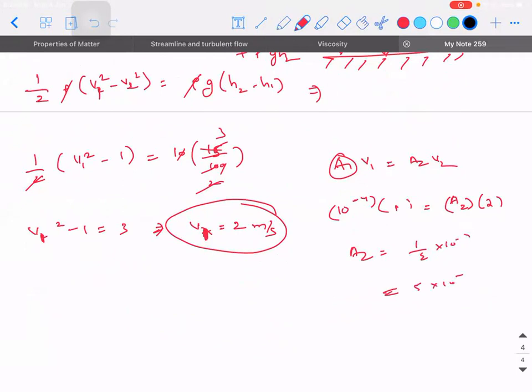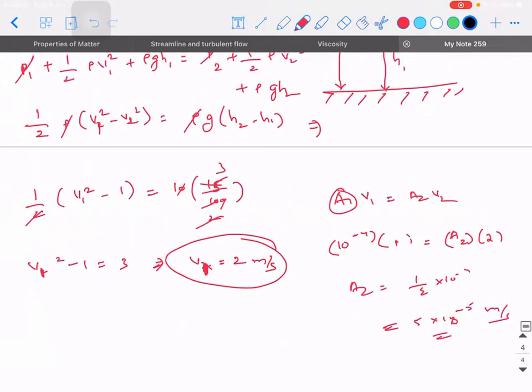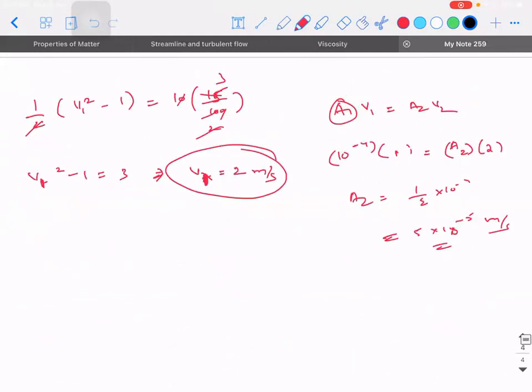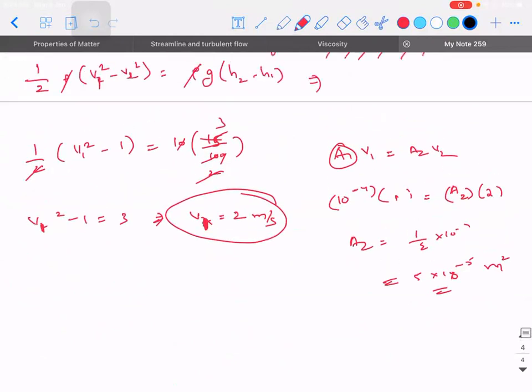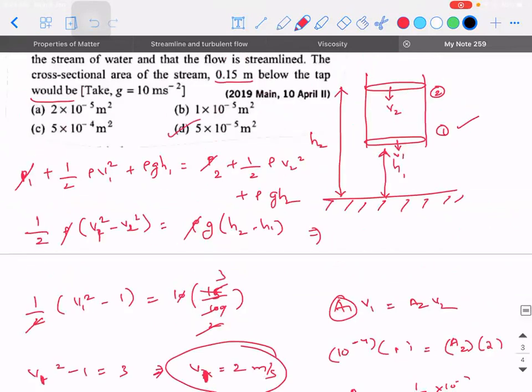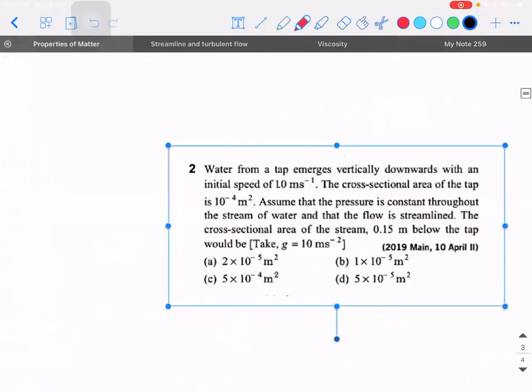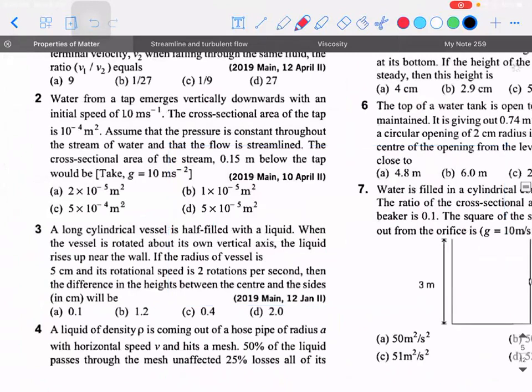That will be 5 into 10 power minus 5, meter square, not meter per second. Yes. So this is the case.